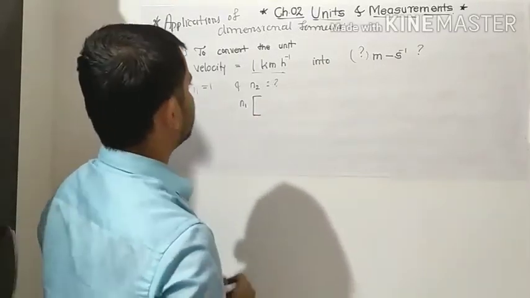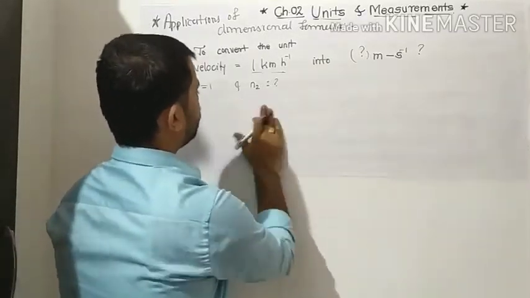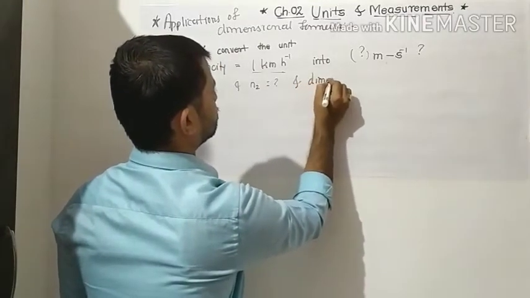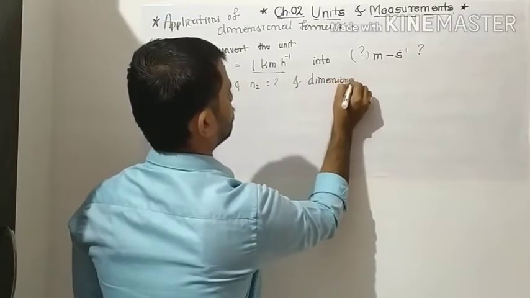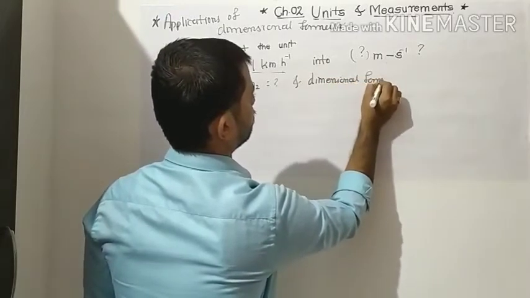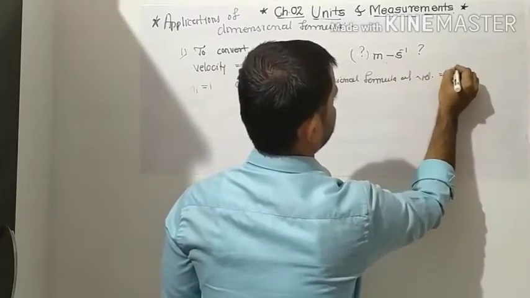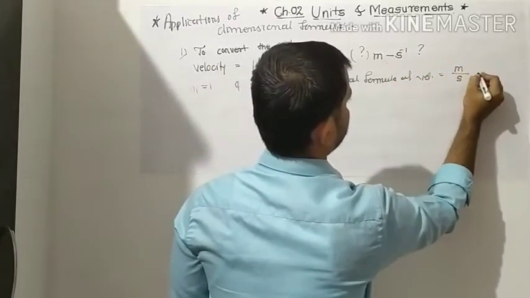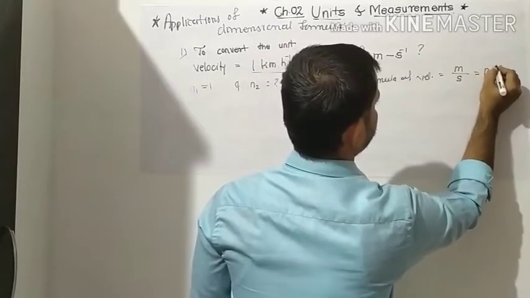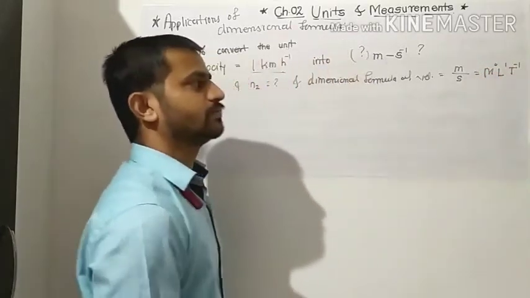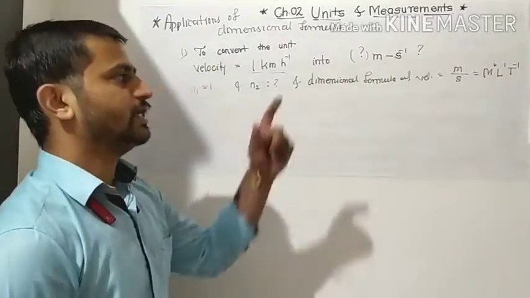First of all, let us check the dimensional formula of velocity, which is meter per second. So it is M raised to 0, L raised to 1, T raised to minus 1. Okay, so that is the dimensional formula.